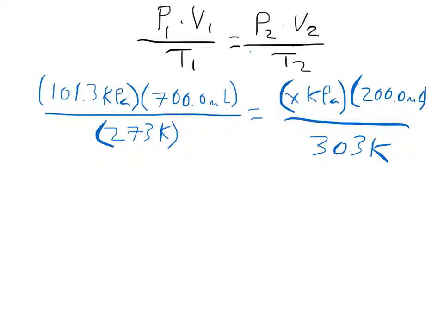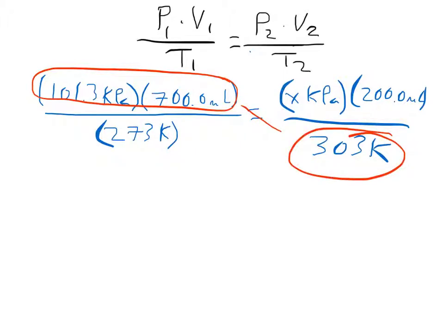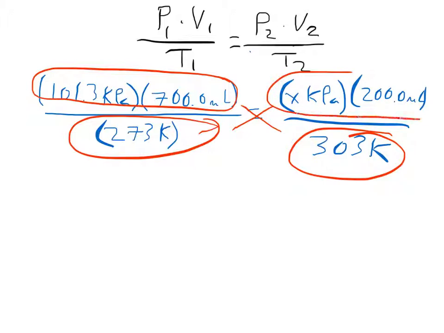So I would take the numerator of one side and multiply it by the denominator of the other side, and the denominator of one side and multiply it by the numerator of the other side.